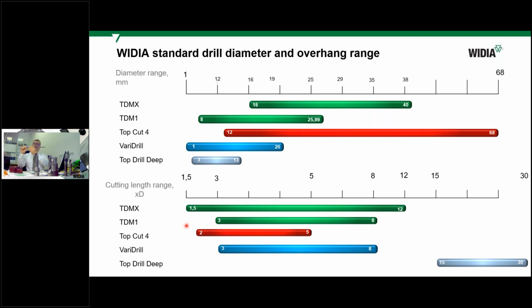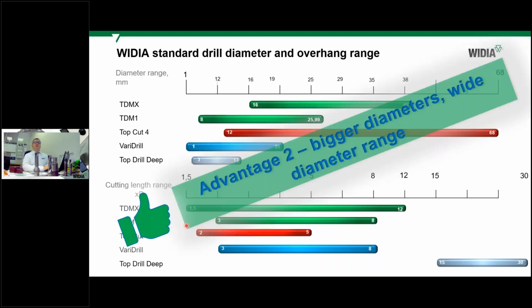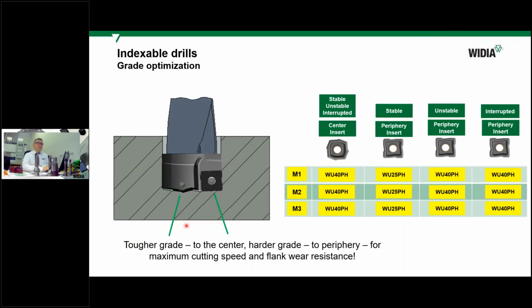That's why they help guide the drill in the hole and not move away from the desired position of the drill. We want to get a hole from that. So this is advantage number 2: bigger diameters for sure, and in general a very wide diameter range, a very universal drill because of that.